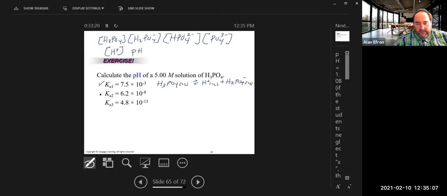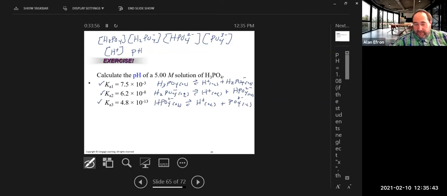The Ka2 will be for when that second one comes off. And the third one is for when that third H comes off.